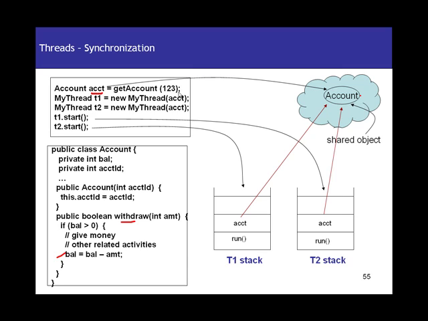Then we wouldn't have required this synchronization, because they are working on two different objects and they're not accessing the same object. So only when two threads have the same shared object would you need synchronization on the methods, right? So basically the thread has a lock on all the synchronized methods of the object. So that's one.